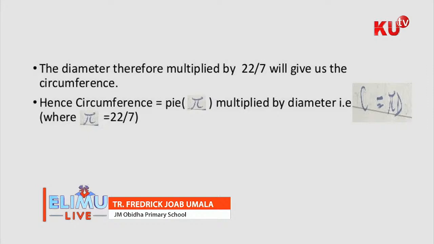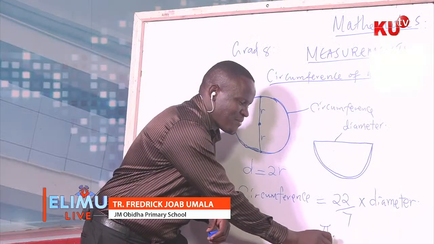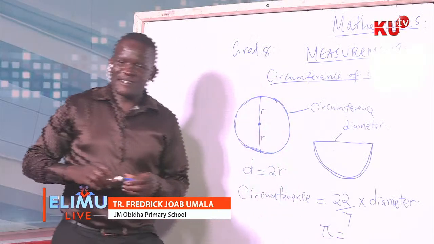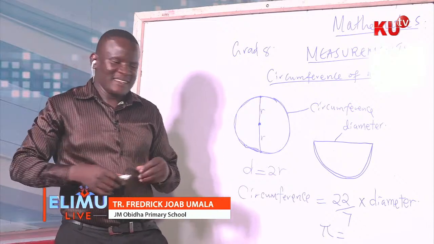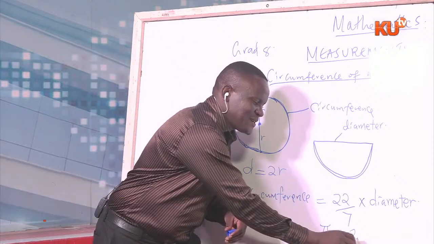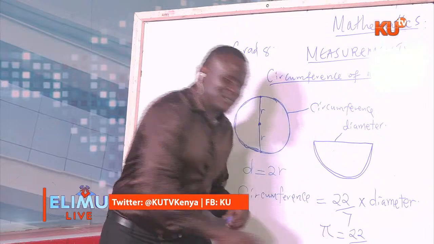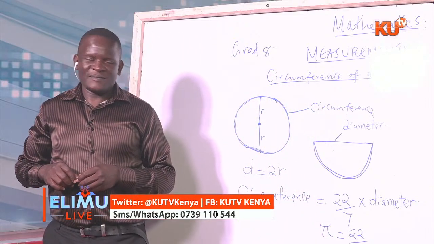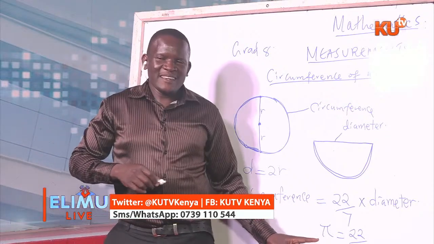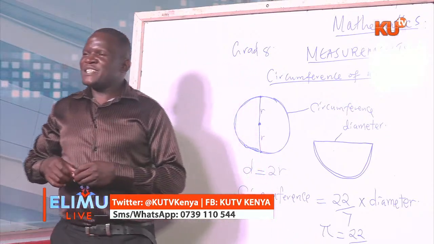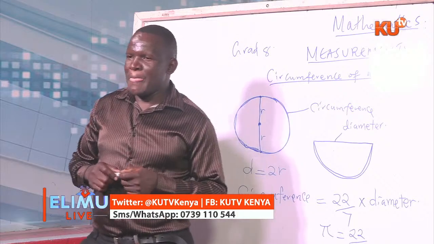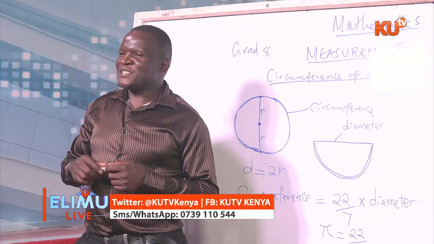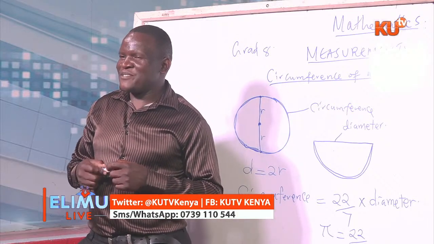Where 22 in our case is denoted by pi. Pi in this case will be represented by 22/7. Pi is a mathematical constant that is used in maths.